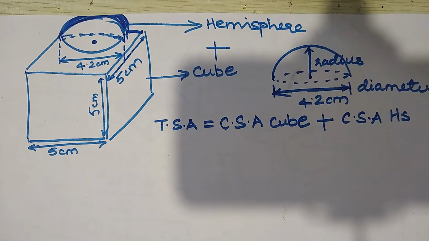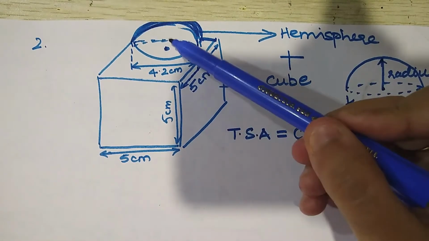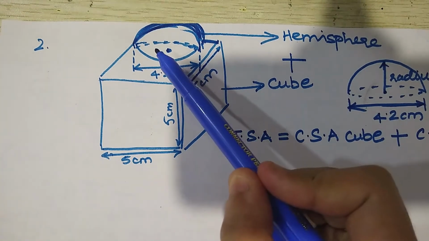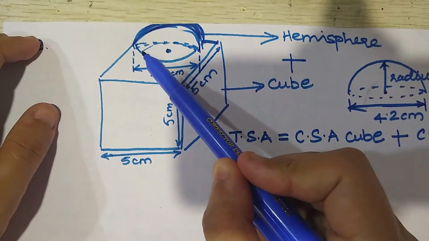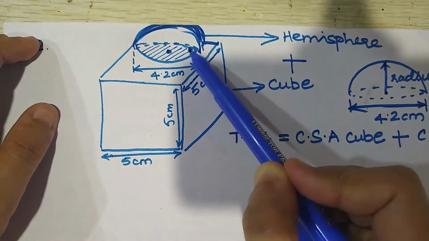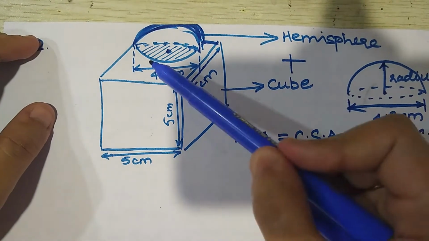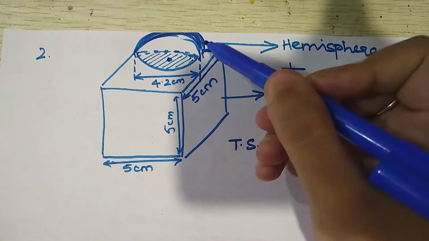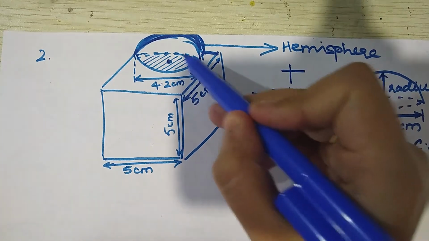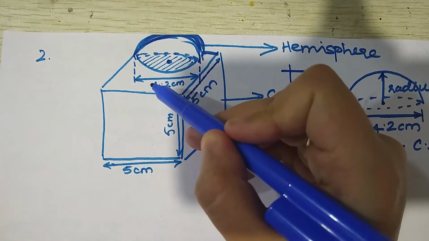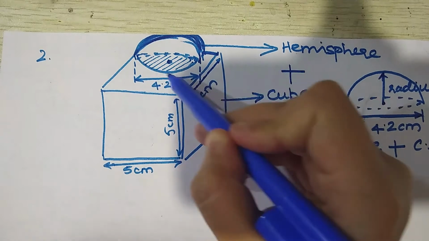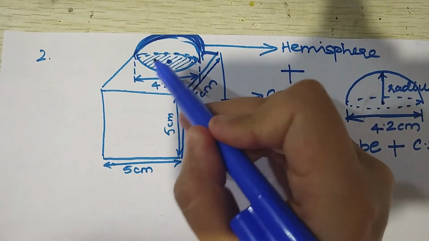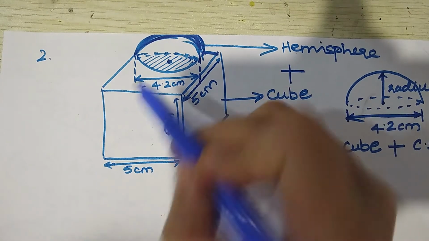But remember one thing. When you're adding the surface area of both the solids, then either this region will have to be deducted, or from the cube side, the same region will have to be deducted. It's the same thing. Why? Because we're already considering that surface area on the cube, right? This region of the hemisphere is already covered in the region for the cube.